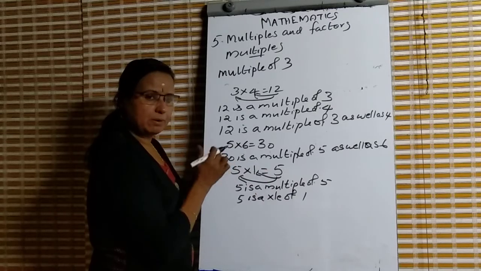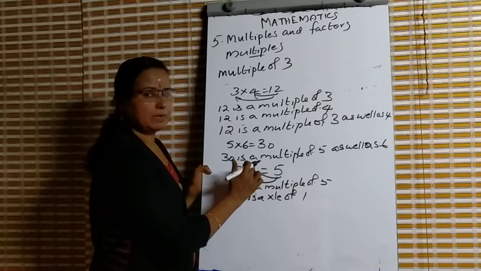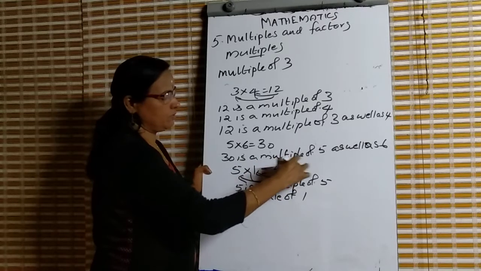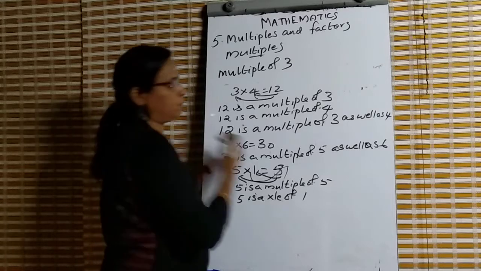Is it correct that 1 is a multiple of 5? That is wrong. Here 5 is a multiple of 5 as well as 1. But 1 is a multiple of 5 is wrong.